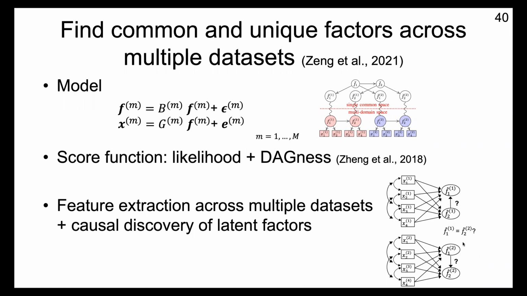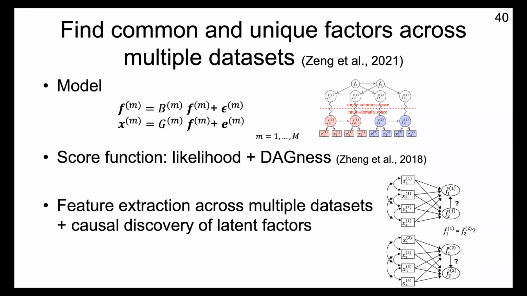At the same time, we also estimate which latent factors in each dataset are considered equal to those in other datasets. For instance, this latent factor is equal to this latent factor, or maybe equal to this one.